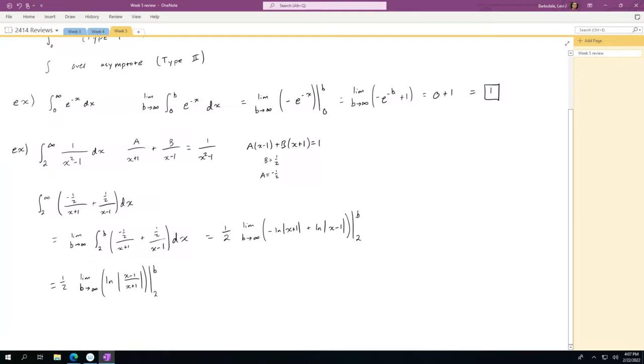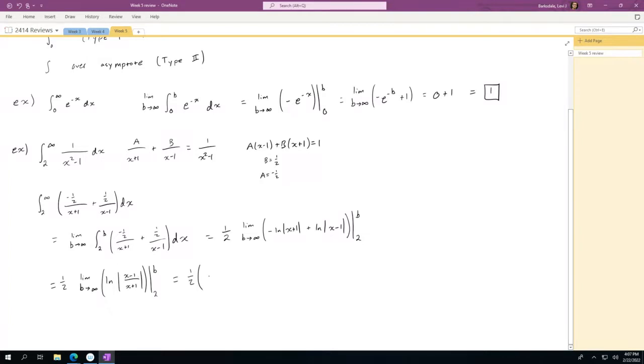Okay. So now I can go ahead and plug in my limits. If I let b go to infinity, this inside portion is a balanced rational expression. So the limit as b goes to infinity of b minus 1 over b plus 1 is 1. The natural log of 1 is, of course, 0.